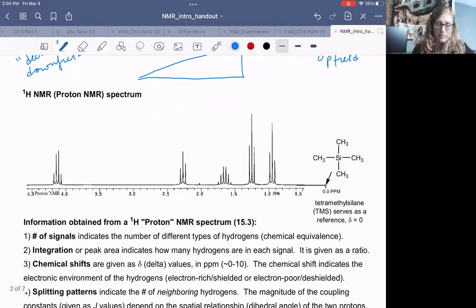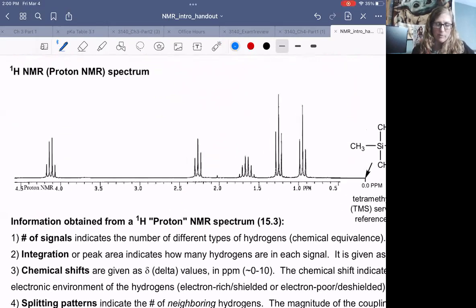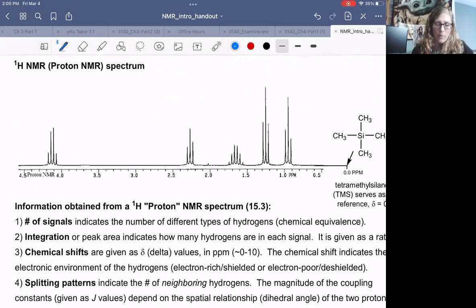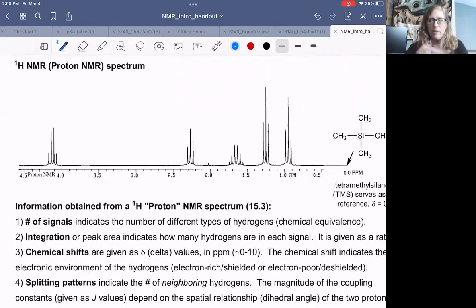Okay, but when we look at the Proton NMR, it is so rich with information and data that it takes a little while to learn all the bits and pieces and how to interpret them. But more importantly, it will give us a precise structure.